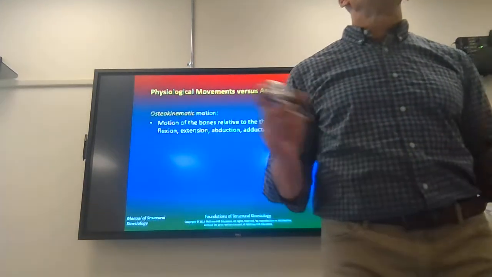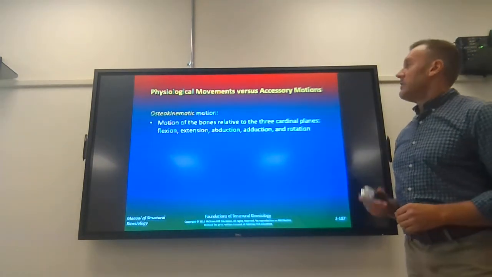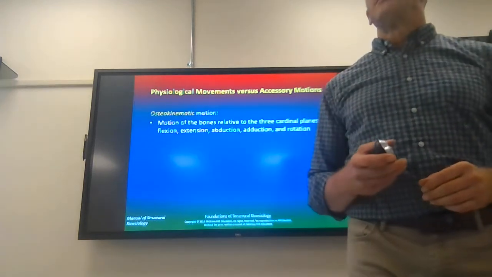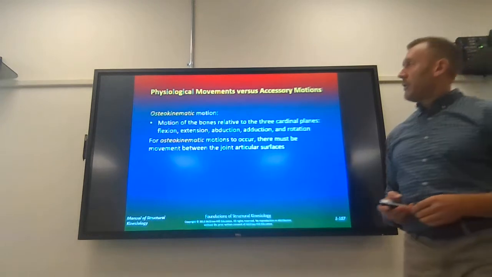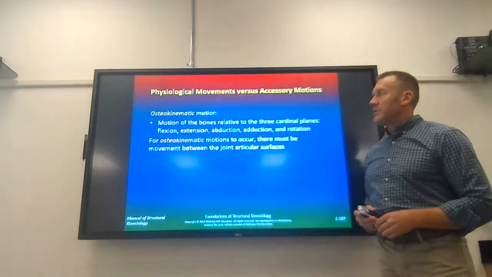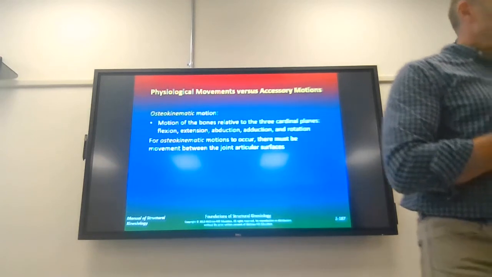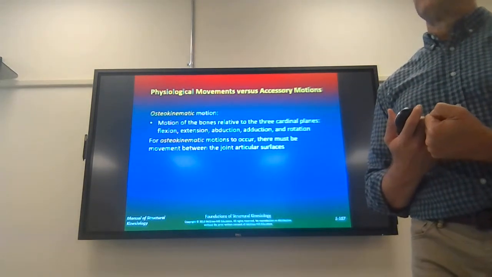Osteokinematic motions are motions that we just studied. So looking at flexion, extension, abduction, adduction, rotation, all those things that we've been talking about through chapter 1. In order for those osteokinematic motions to occur, we have to have movements taking place between the articular surfaces of bone.